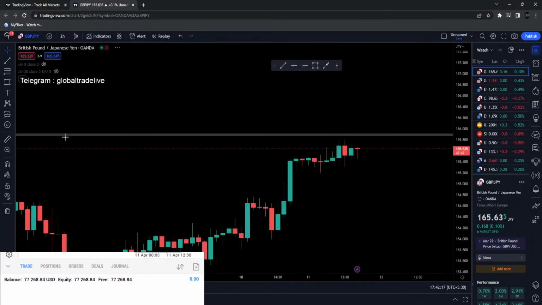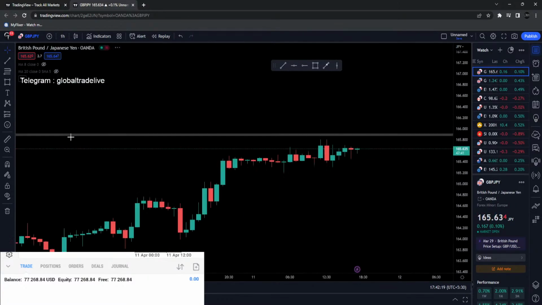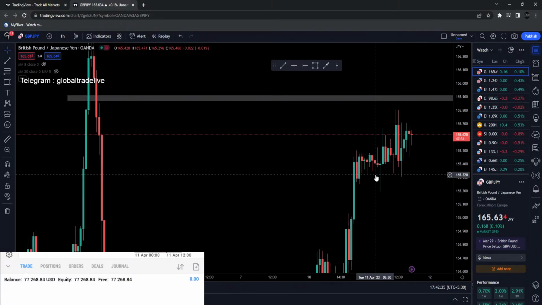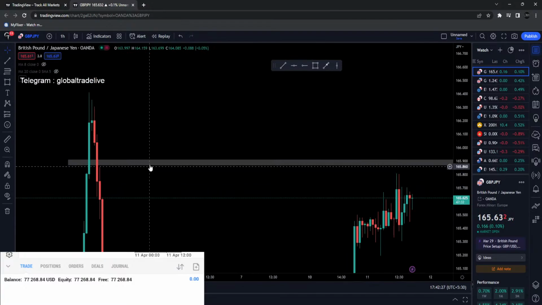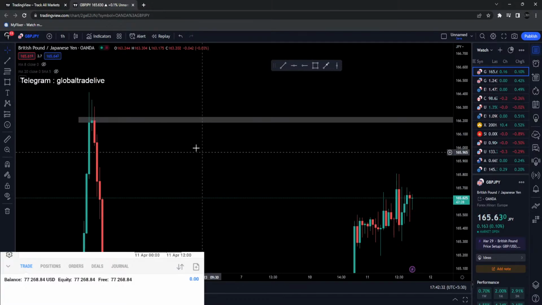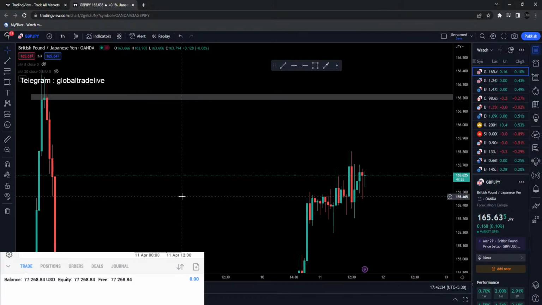So let's talk about the 1-hour time frame after the 4-hour. Let's have a look on the left. In the 1 hour, we have to adjust the area of resistance over here. Right now, as you can see clearly, the market is just consolidating.